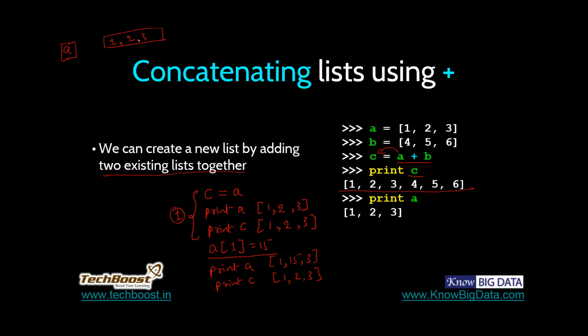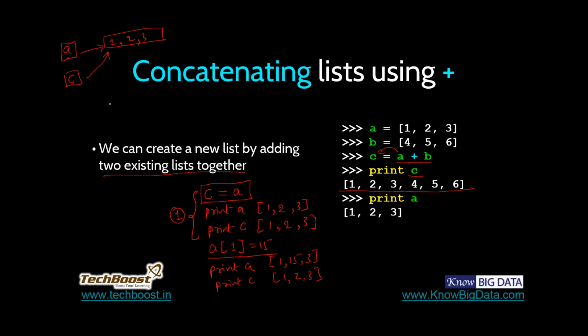I have this list. A was referencing this list. And then what we did using this assignment was that we created another variable, but we did not create a new object. So C also, in this case, references the same object.